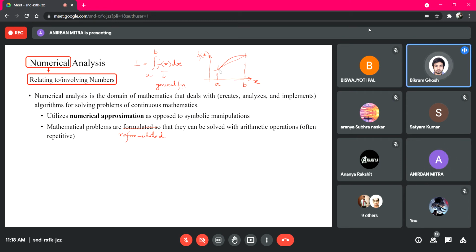Yes, the summation of the two parallel lines multiplied by the distance between them. The perpendicular distance, the shortest distance between those two parallel lines. So it's a basic mathematical, or I should say arithmetic operation.